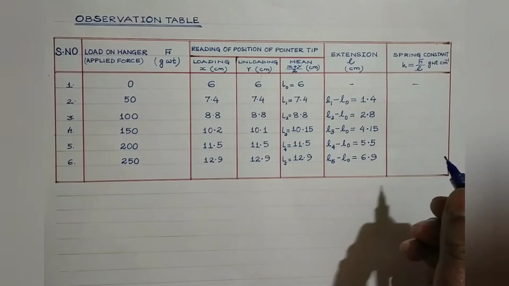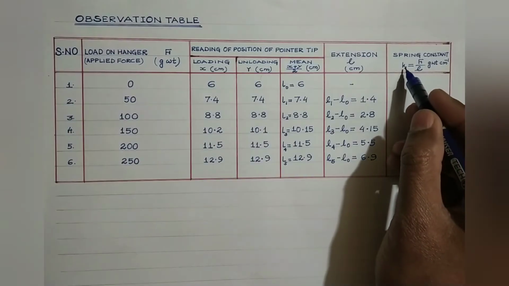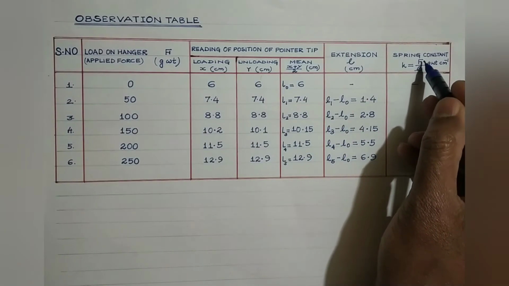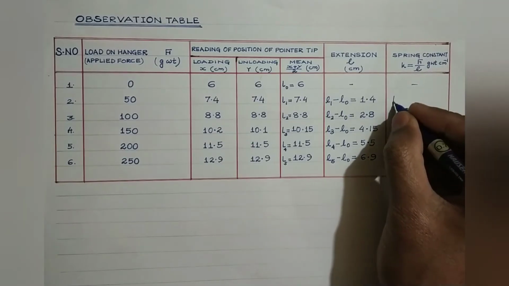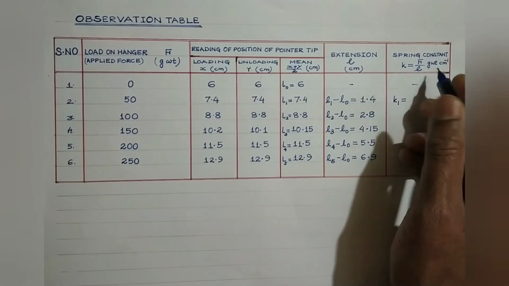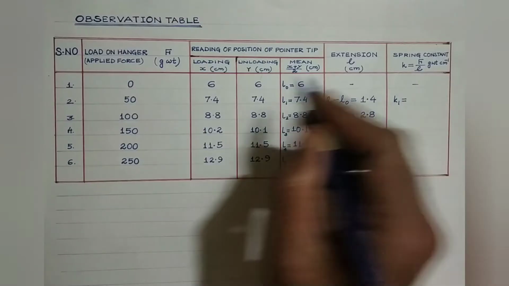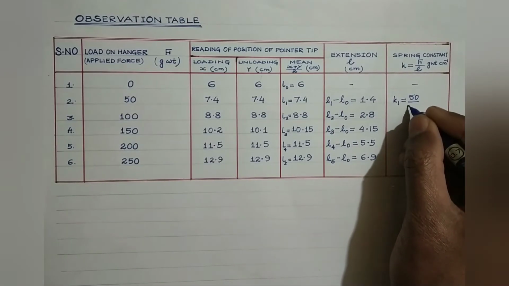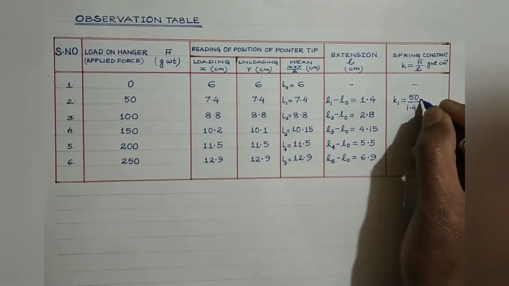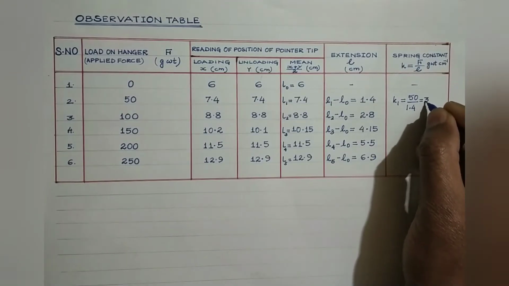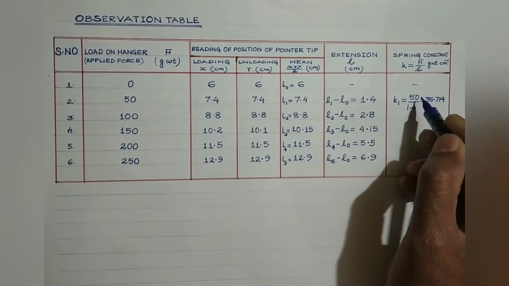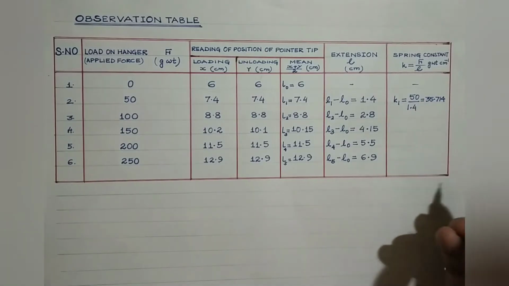Now students, mathematically we can calculate the value of K corresponding to each observation using the formula K equals F by L. So K1 would be equal to F, that is 50, divided by extension, that is 1.4. That comes out to be 35.714, obviously in gram weight per centimeter.